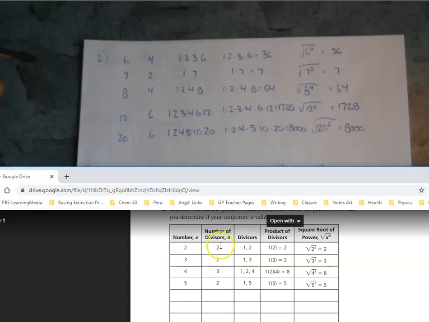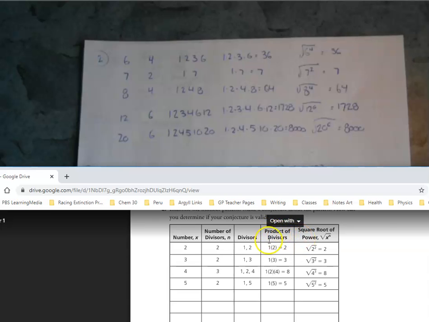number and then we're given the number of divisors, so like how many numbers can go into it or be divided into it, and then what those two or more divisors are. So this is all closely related, and then you'll notice that the next 2 columns are a little more obscure.